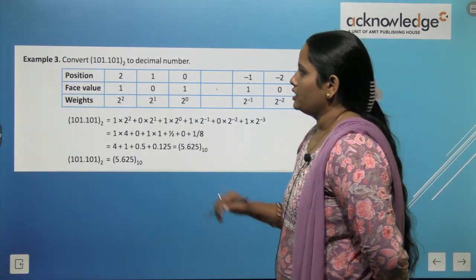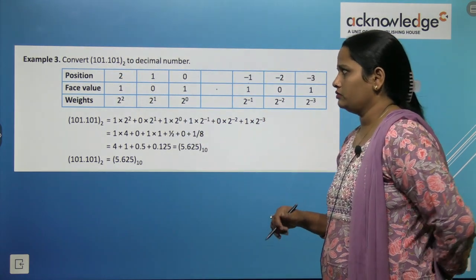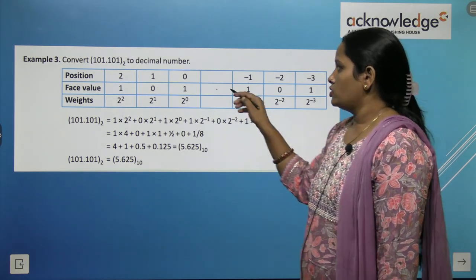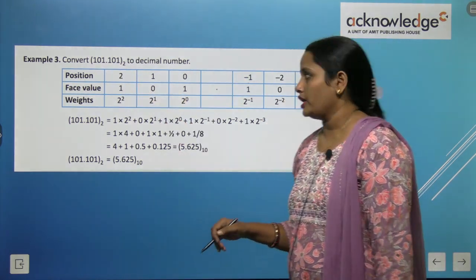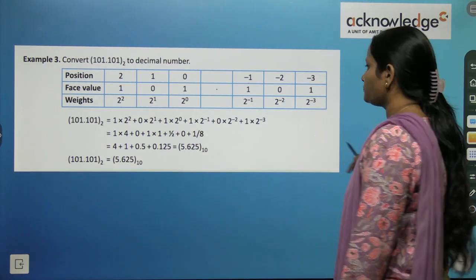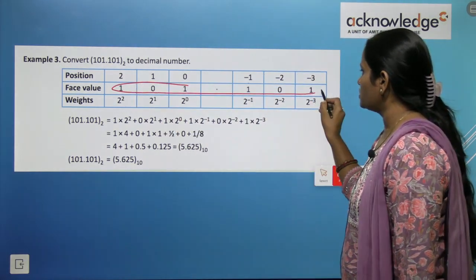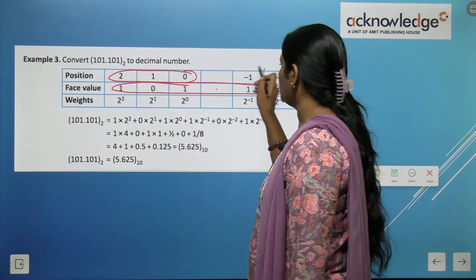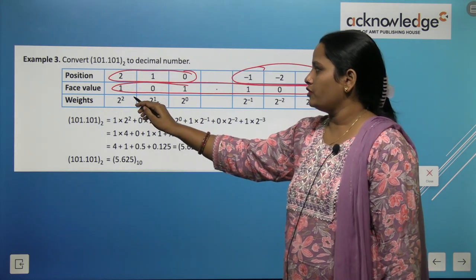Now there is one more example here. We can see a decimal point is also given in between. We have to convert this binary number to a decimal number. So we have made this table here. We have written the position, phase and the weight. Here we have written the number that was given in our question, and we have written the positions here of these numbers, and now we have multiplied it with 2.